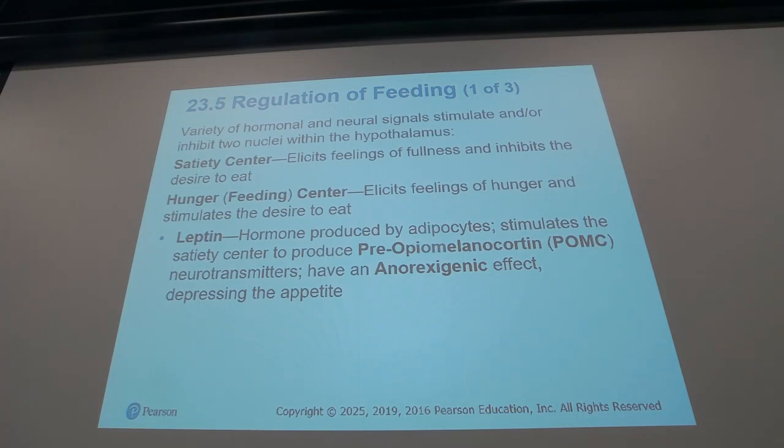Leptin stimulates the satiety center so that we feel full. So one of the causes of lack of satiety sometimes is not sleeping well. But how are you going to sleep well if you go to bed on an empty stomach?